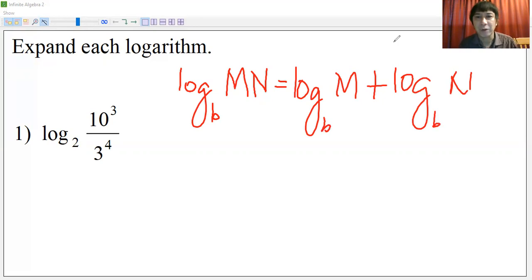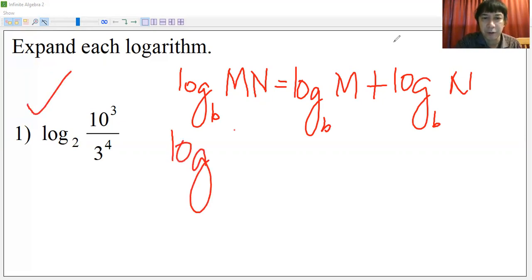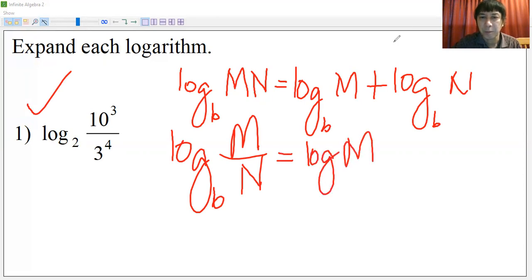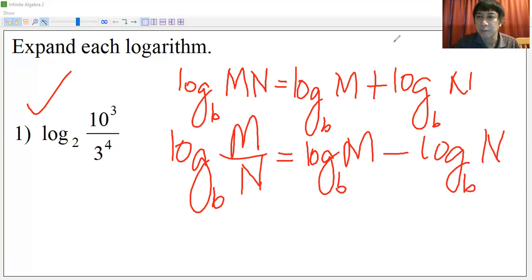Now, if you have a quotient, for example logarithm of m over n base b, then this will be logarithm of m, the expression at the numerator, minus the logarithm of n, the expression at the denominator of the ratio. And this will be for the same base b.